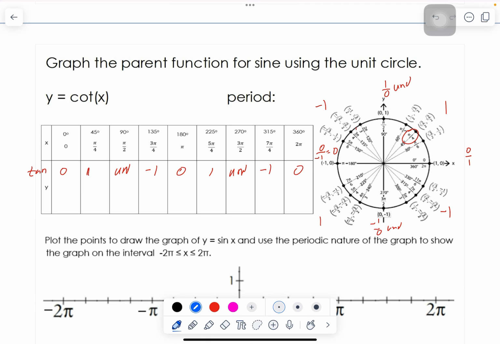I'm going to go in blue around the circle instead of in the table, and now I'll switch it over to 1 over 0, which is now undefined. 1 over 1 is still going to be 1. 0 over 1, so this undefined will turn into 0. This is staying negative 1 when I flip that over. Now this becomes undefined, and then this will become 1, 0, negative 1, and undefined.